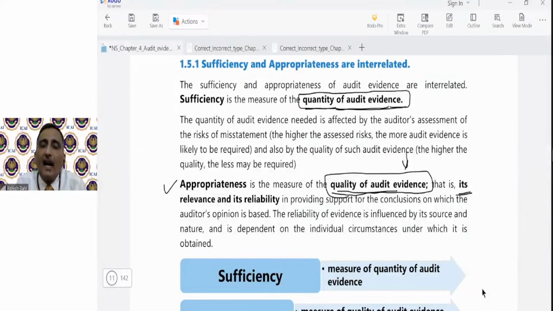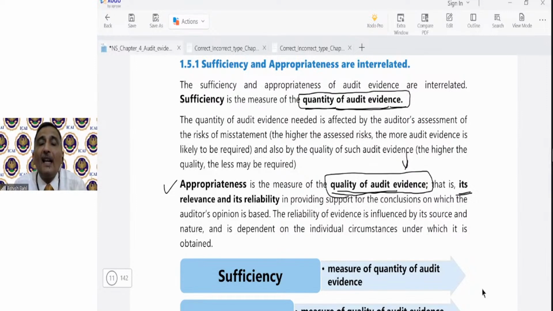So the evidence the auditor is obtaining should not only be reliable, but it should also be relevant to what is being tested. In the context of what is being tested, that audit evidence should be relevant also, only then will it be properly tested. If that information is not relevant, then how is it going to be of high quality, how is it going to be of qualitative nature? It can't be.